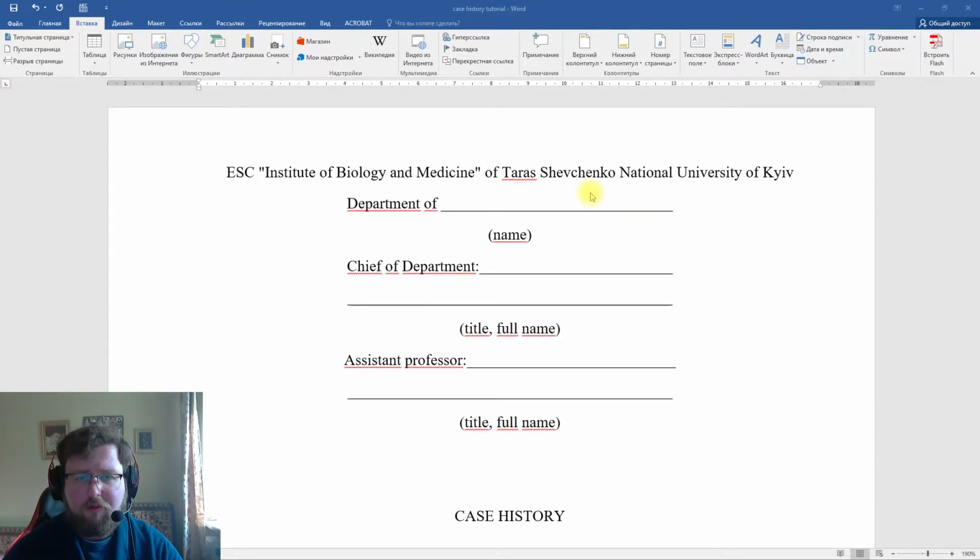One of the most common surgical diseases in your practice is going to be acute appendicitis. So, it appears to me that it could be a great opportunity for all of us to study this pathology in the case of an academic case history.